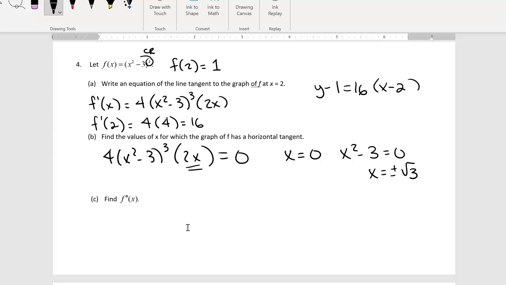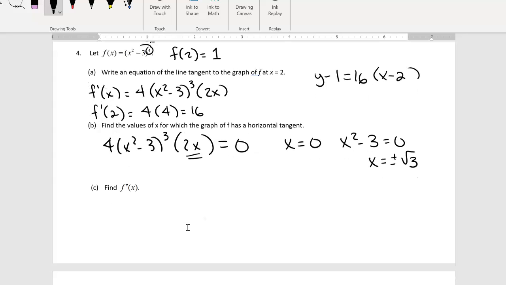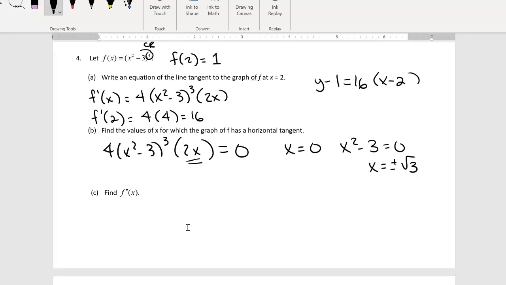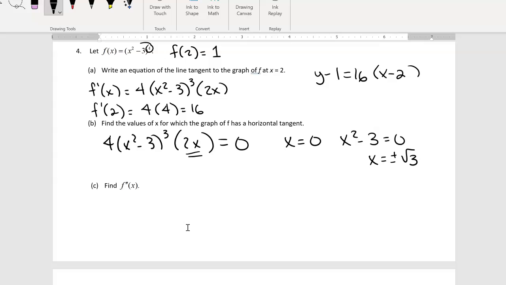And next we're going to find f double prime. You really don't have to clean f prime up. It's in pretty good shape. And because you don't have to clean the second derivative up, I think I'm just going to pull the 4 away and do product rule, and in the product rule I'm going to have to do chain rule again. So x squared minus 3 quantity cubed is 1.